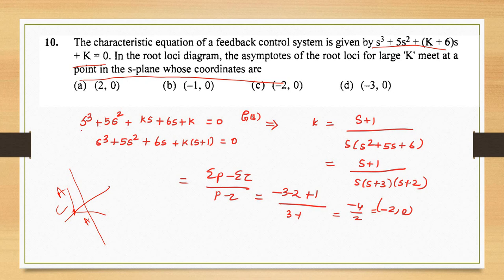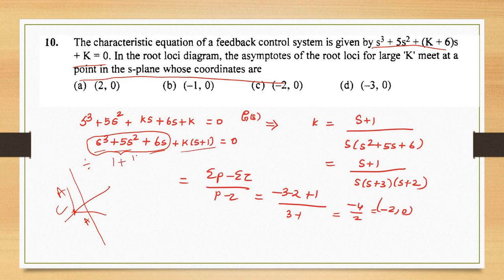So first of all, I am going to write the equation s cube plus 5s square plus ks plus 6s plus k equal to 0. Now I have to rewrite the equation as s cube plus 5s square plus 6s plus k into (s plus 1) equal to 0. Now what is the next step? Divide the entire equation.